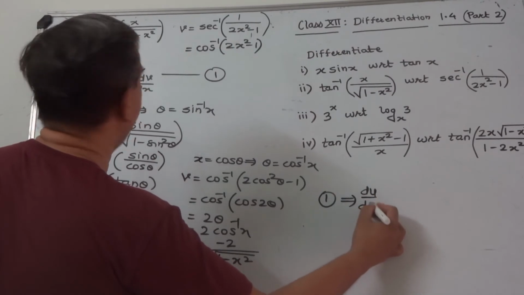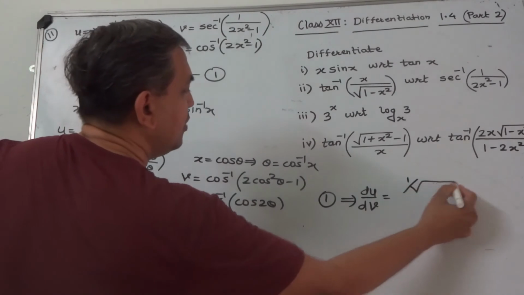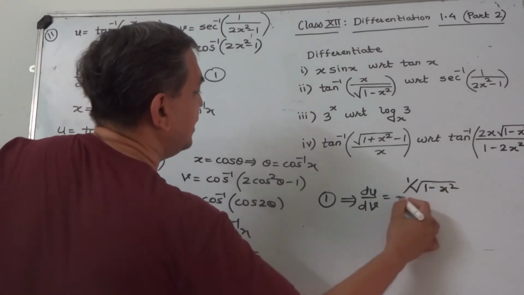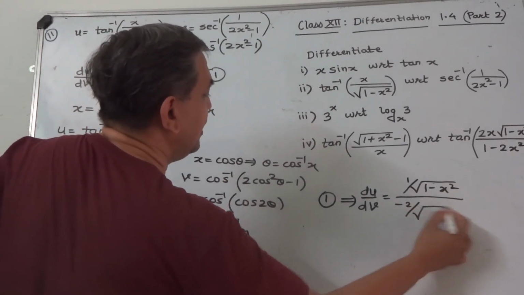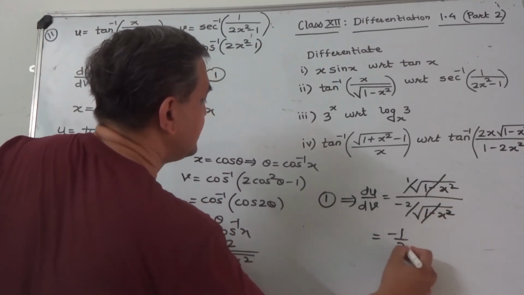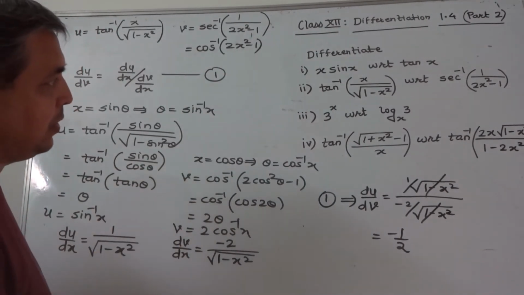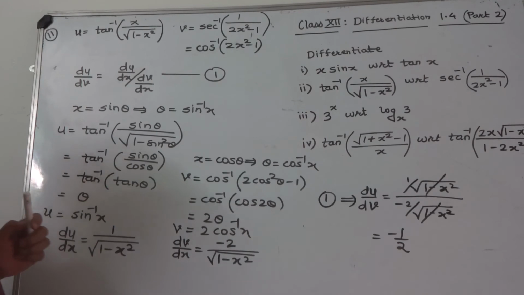Du by dv equal to 1 upon under root 1 minus x square upon minus 2 upon under root 1 minus x square. Denominator gets cancelled and the final answer is minus 1 by 2. So I hope this is clear to you all. We move on to question number 3.